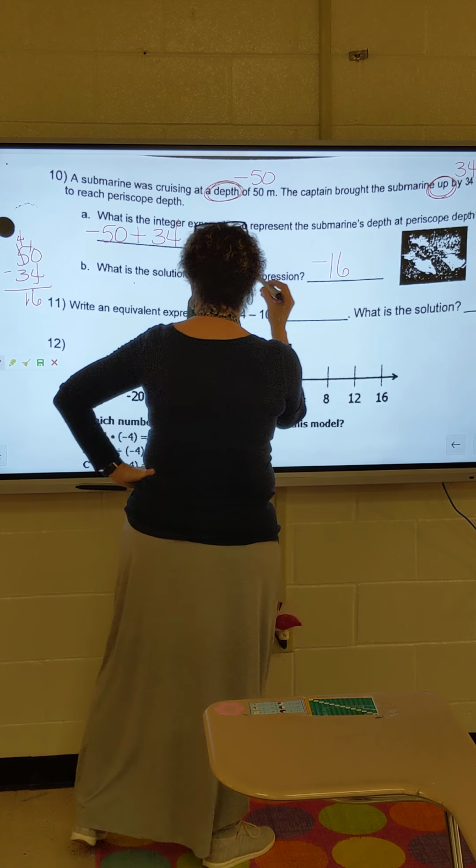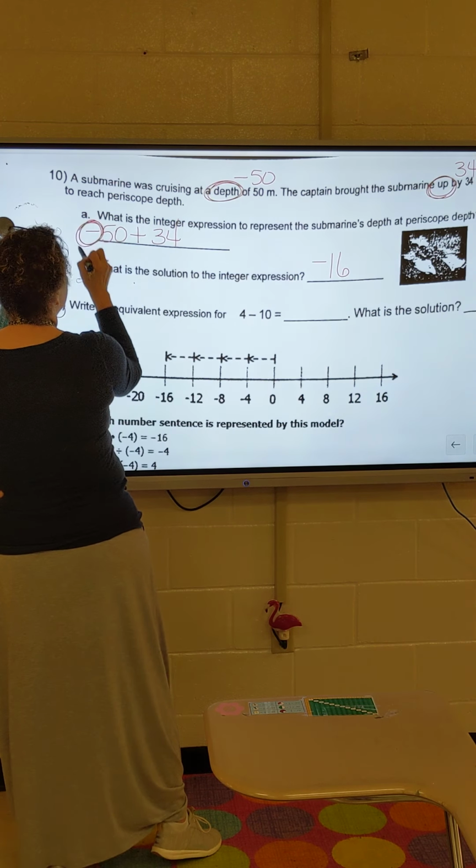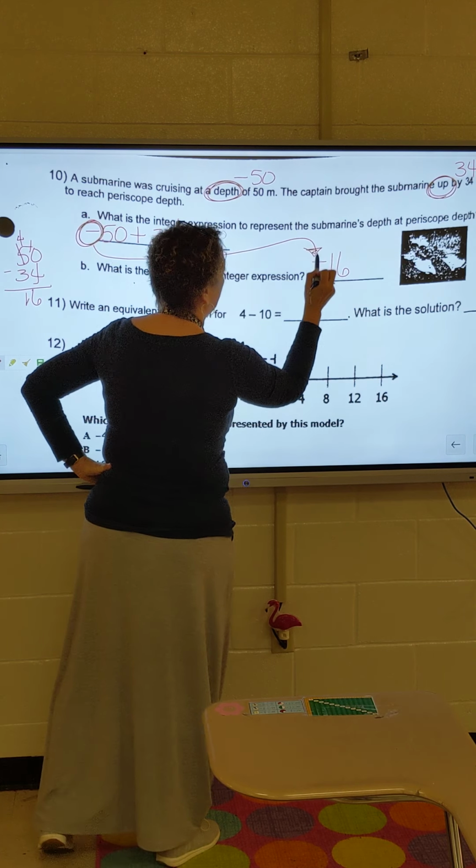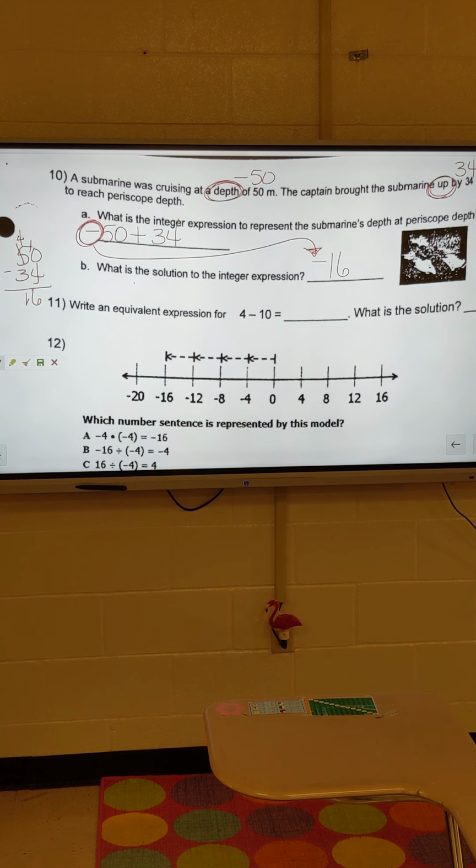Why? This 50 is negative, it's the farthest from 0, so that negative has to come over there and be with that 16 because that 50 is negative.